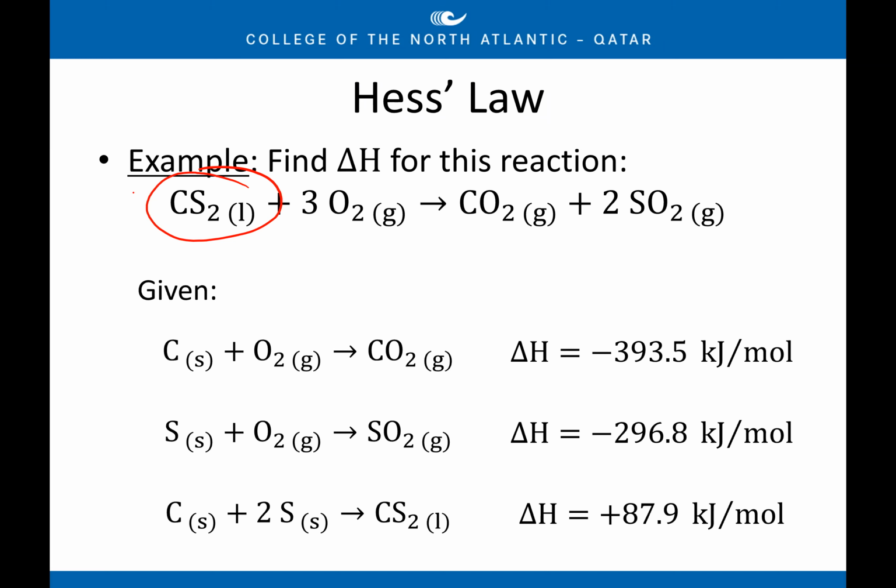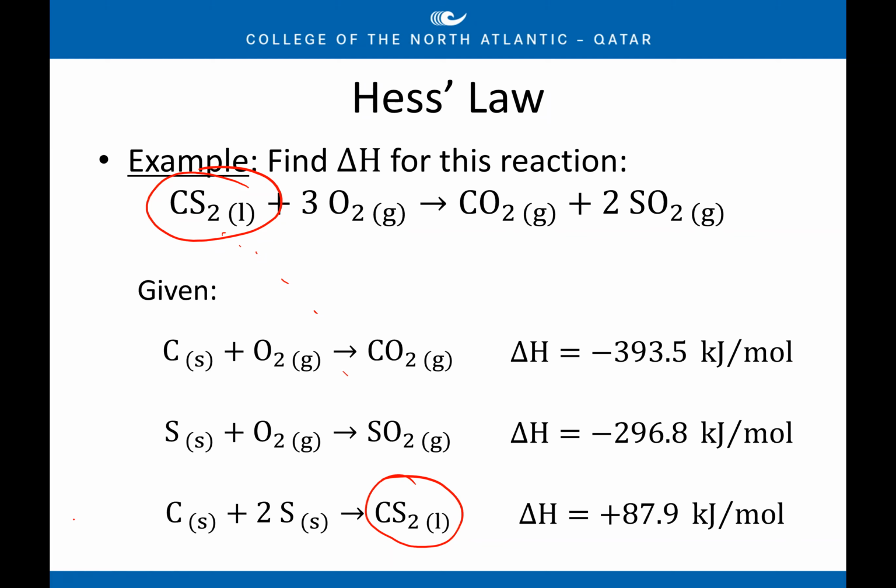Find that chemical in the bottom reaction. So, okay, I'm going to go down. I'm going to find the chemical. Here it is here. There's a problem. In the overall reaction, CS2 is a reactant. In the equations on the bottom, it's a product.